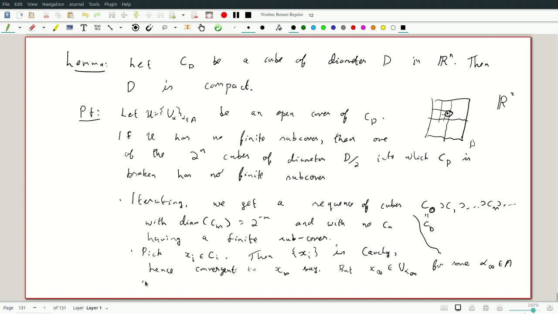Okay, so as U alpha infinity is open, C_m is contained in U alpha infinity for m large enough. So this is a contradiction.